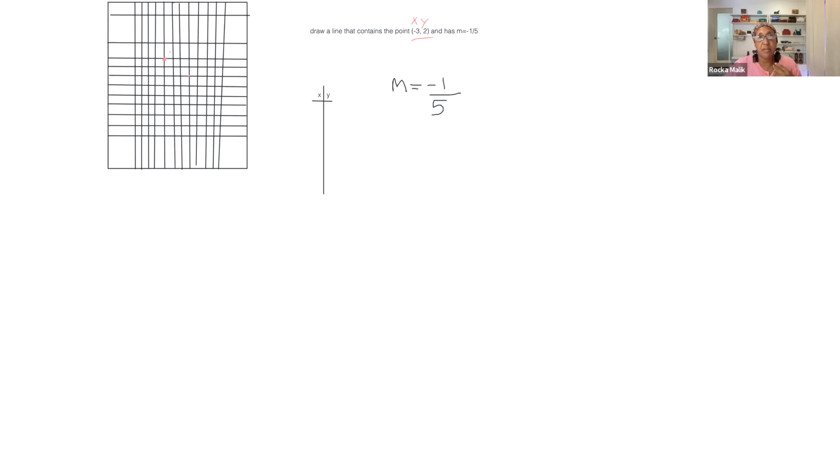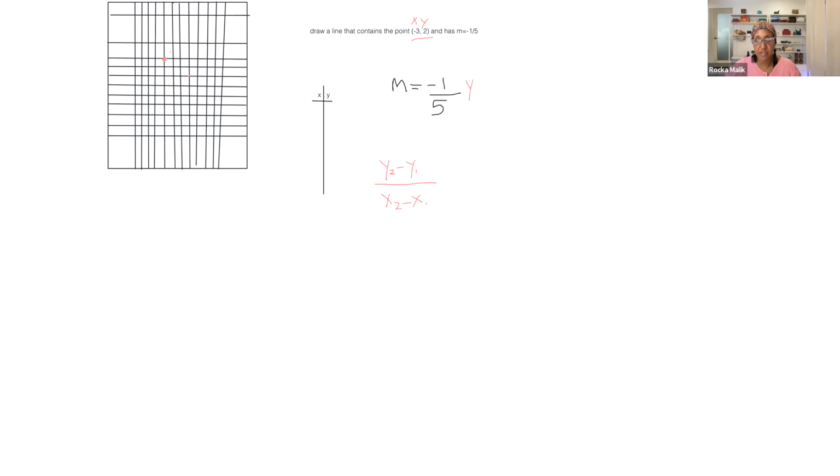Now the slope tells me how to move on this graph. Remember the slope formula was Y2 minus Y1 over X2 minus X1. So the top number tells me how to move on my Y-axis, up and down.